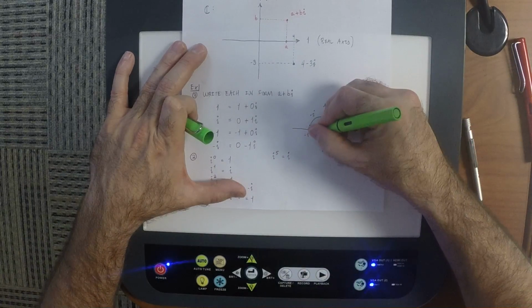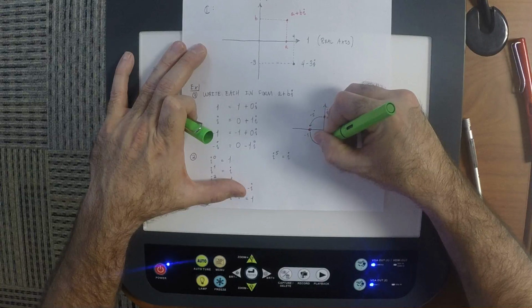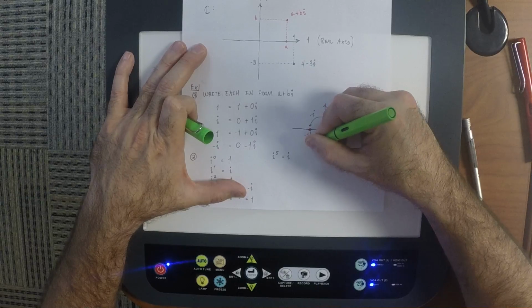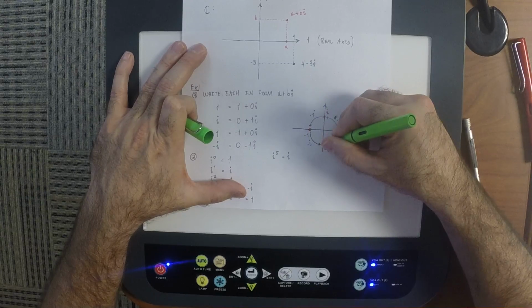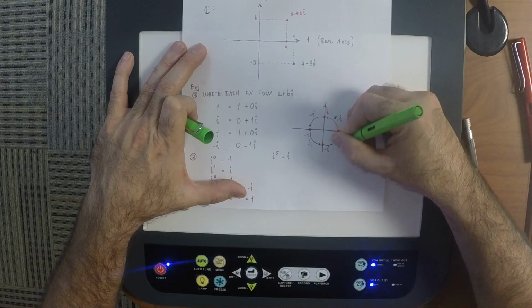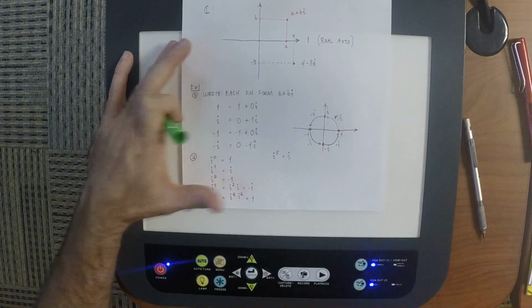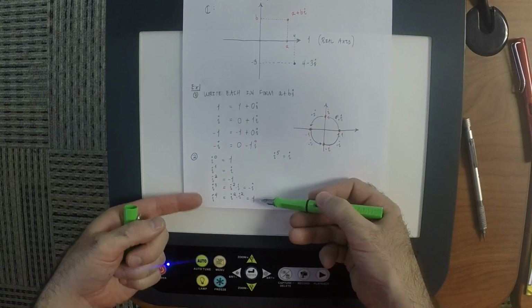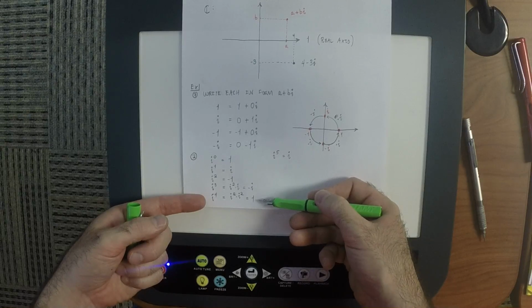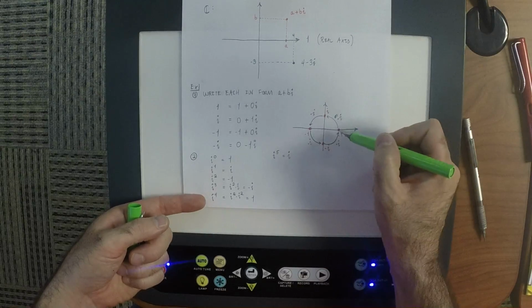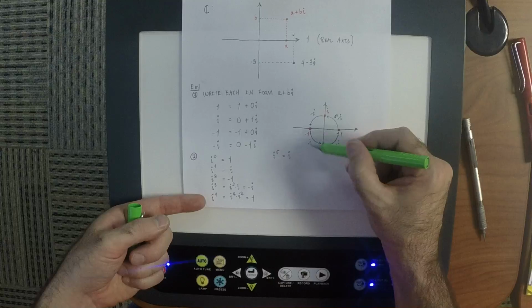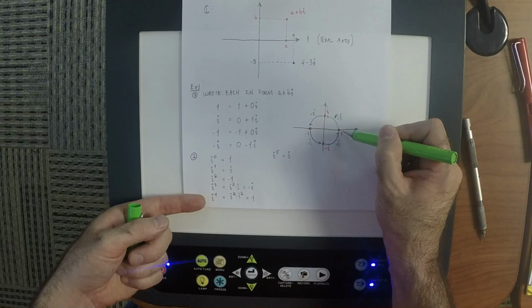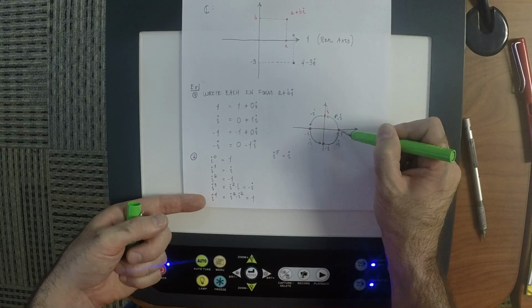If you multiply by another i, that will take you to negative i. And if you multiply by yet another i, that will take you back to 1. So observe that if you do i to 4, that is like having gone all the way around the circle, starting at 1, and then you have landed back at 1.